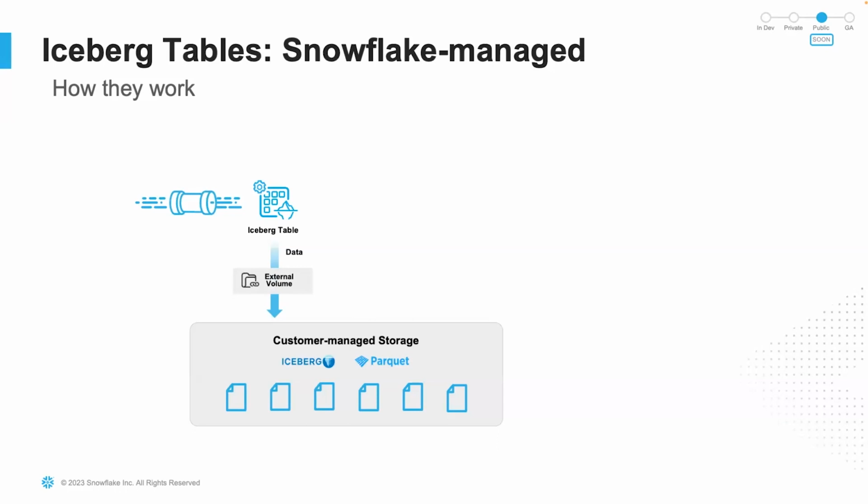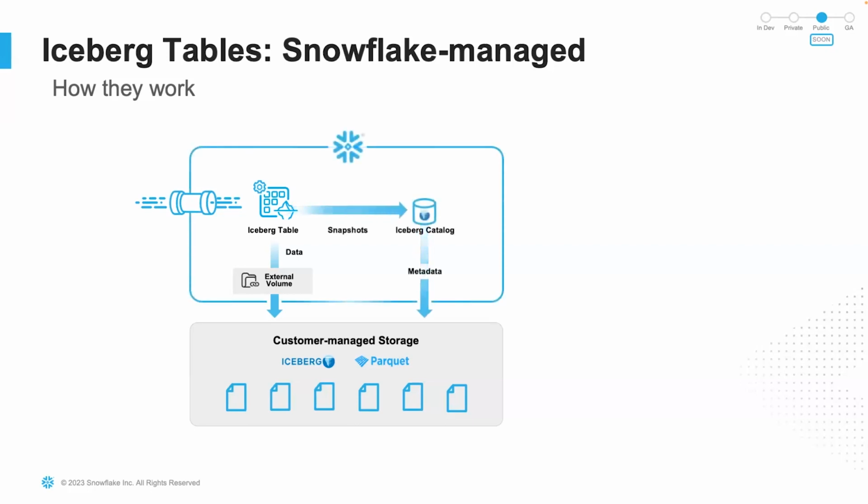The external volume that was created as part of the Iceberg table definition is that configuration that allows Snowflake to talk to your storage account and write Apache Parquet as well as the Iceberg metadata to that location. The Iceberg metadata snapshots are registered in the Snowflake Iceberg catalog. The metadata itself is also written to the customer storage account as well.